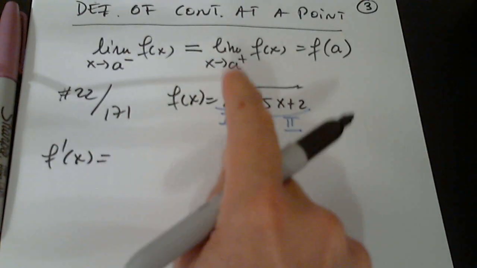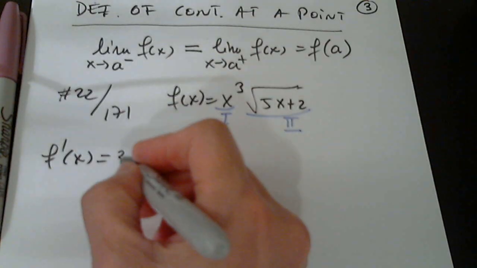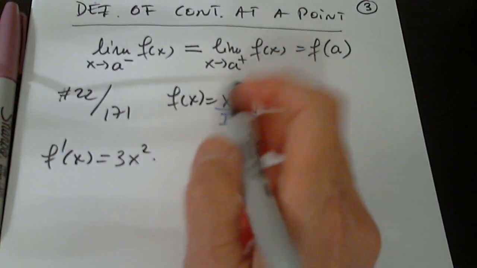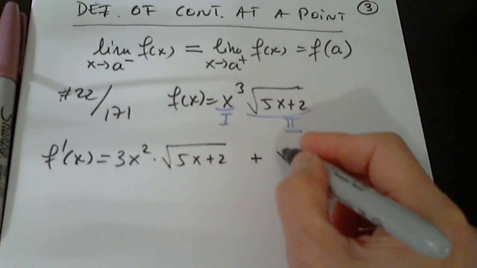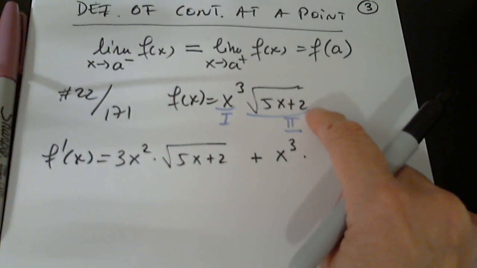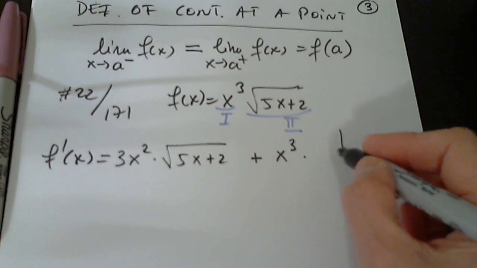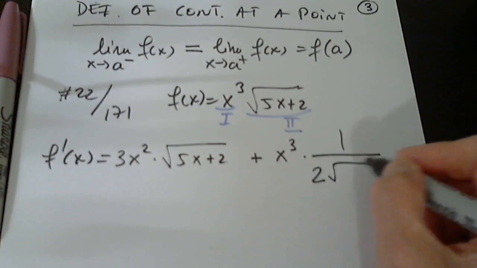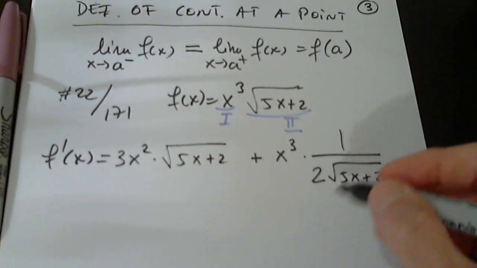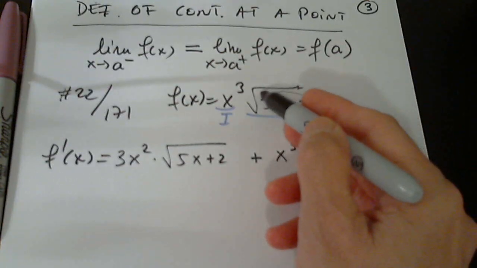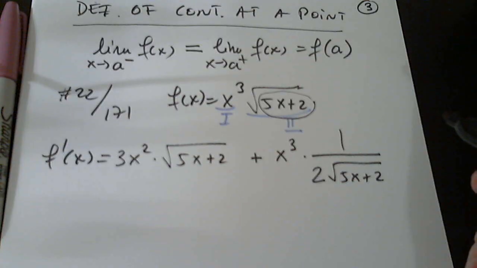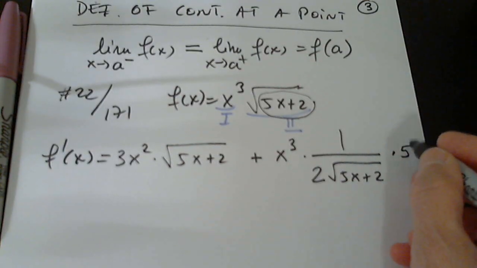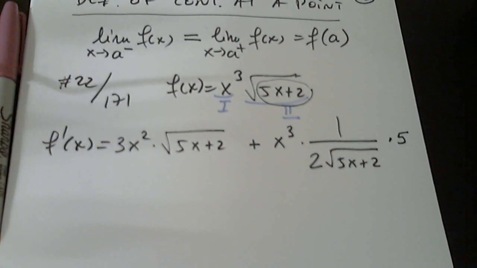So the first function prime, 3x squared, times the second one, plus the first function times the second one prime. It's the square root, so it's 1 over 2 the square root of 5x plus 2, times the inner function prime, multiplied by 5. You can leave it as is.